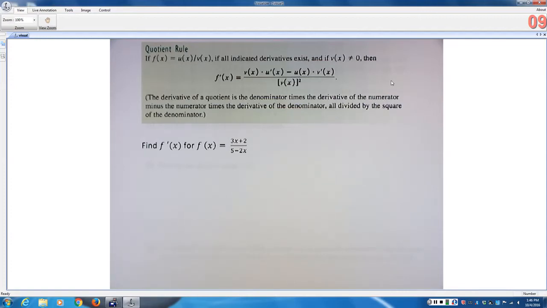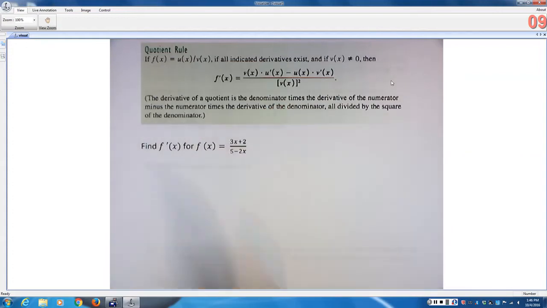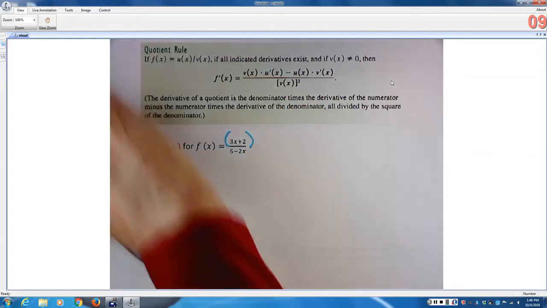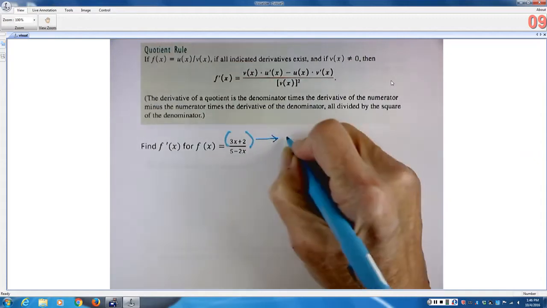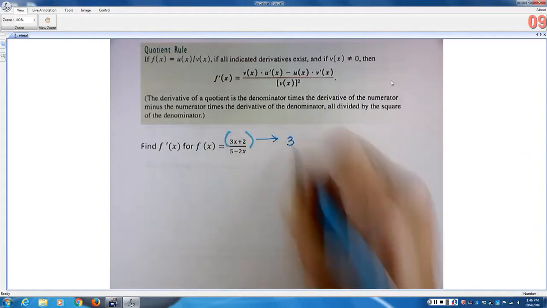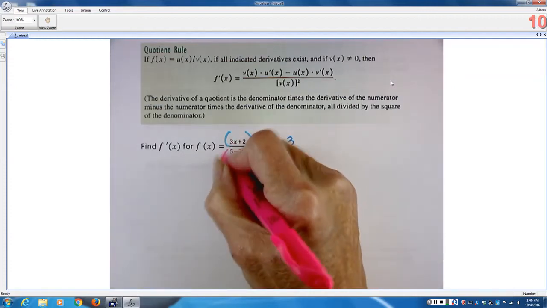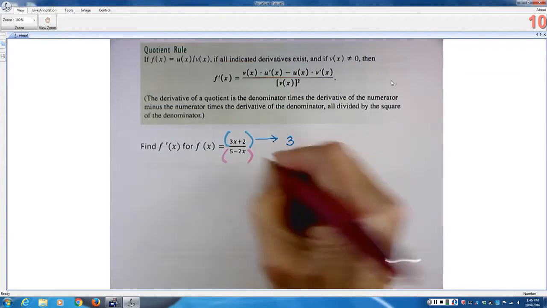So we're going to have a numerator, which is this part. And I'm going to go ahead and take its derivative. And its derivative is 3. We have a denominator part also, and its derivative is negative 2.